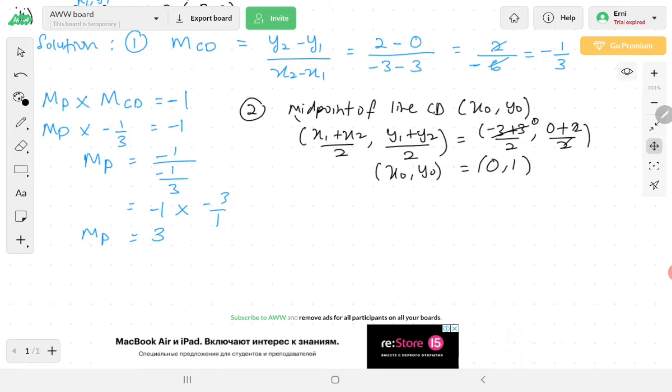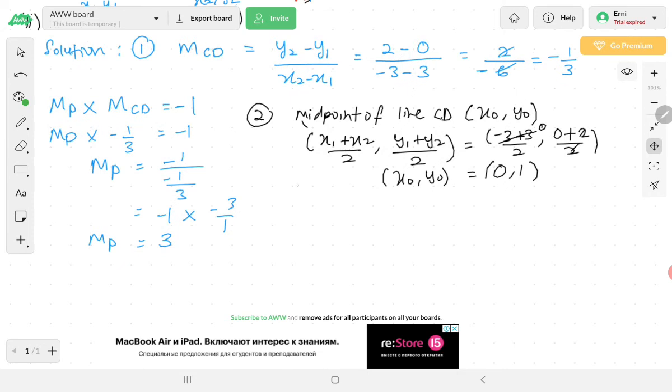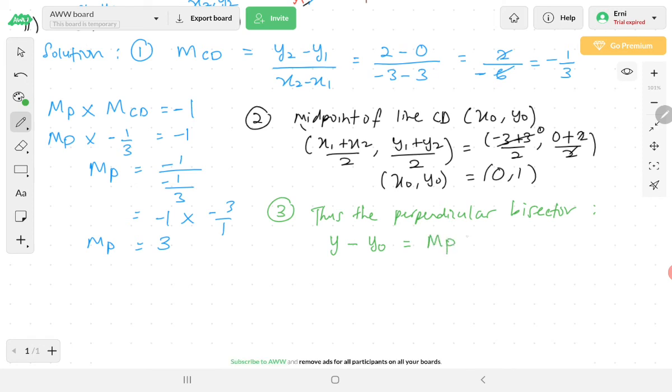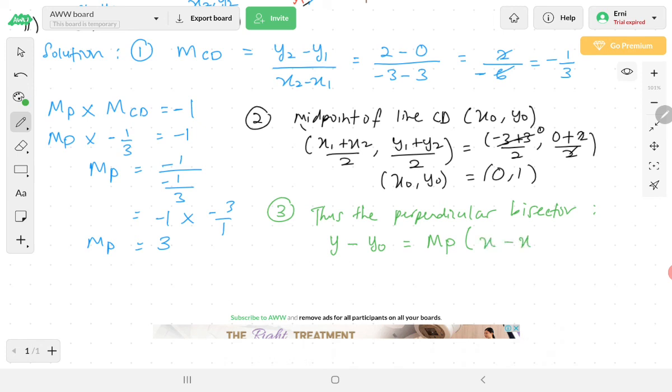And then for the third step, to get the perpendicular bisector, we use the standard line formula: y minus yo is equal to m, the gradient of the perpendicular bisector, times x minus xo.